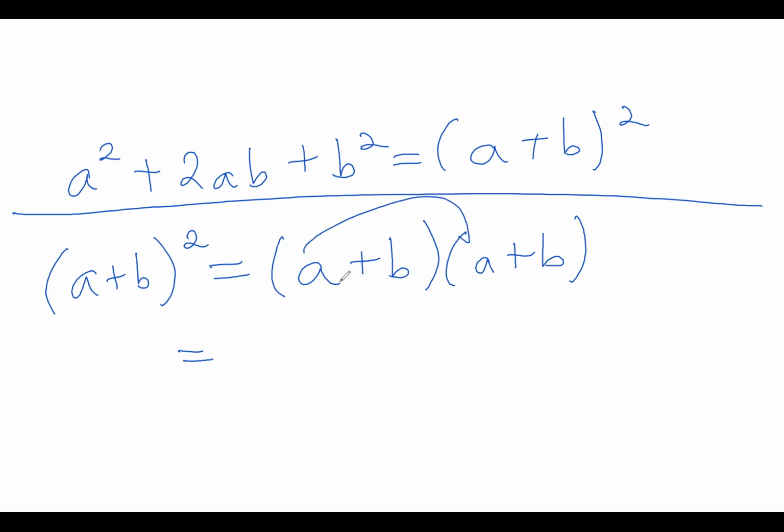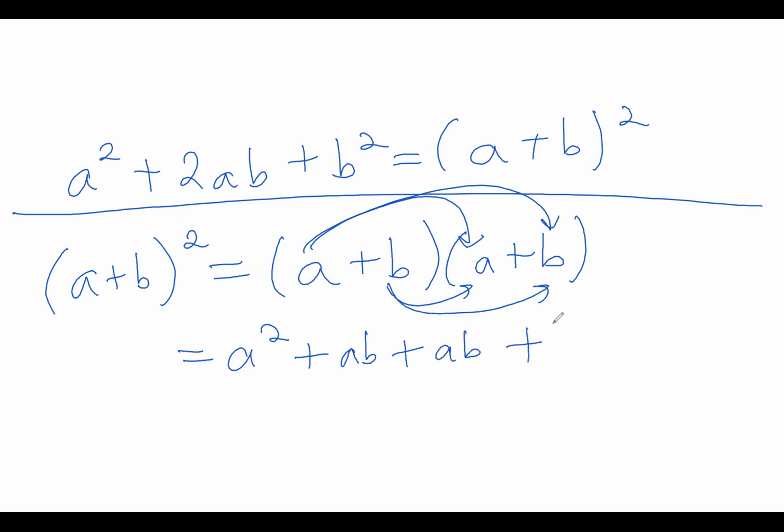So you can do a times a, that's a squared, plus a times b, that's ab, plus b times a, I'm just going to write ab again, and then finally our last term, b times b, is b squared. Take a look, the two middle terms are alike, ab plus ab. Remember there's really ones in front of the a's, 1ab plus 1ab, there's your 2ab. So a squared plus 2ab plus b squared.